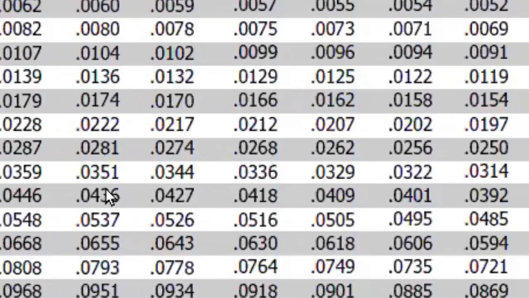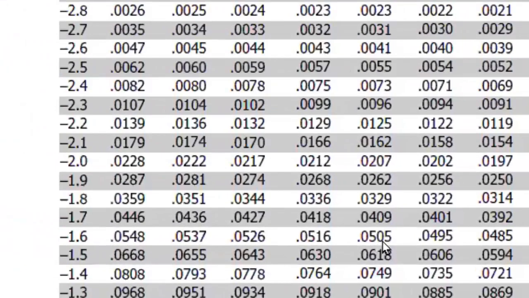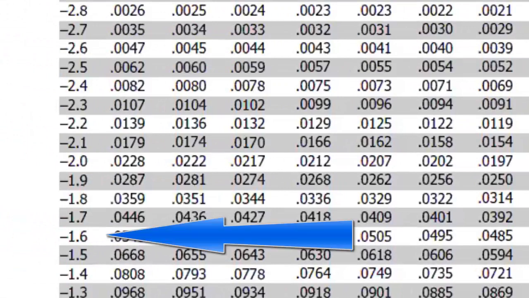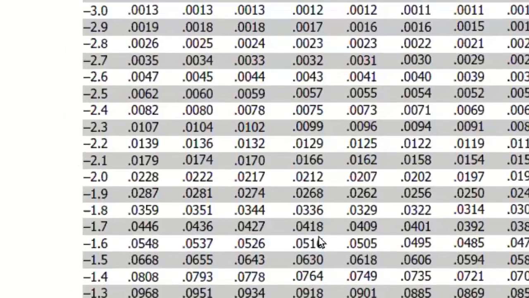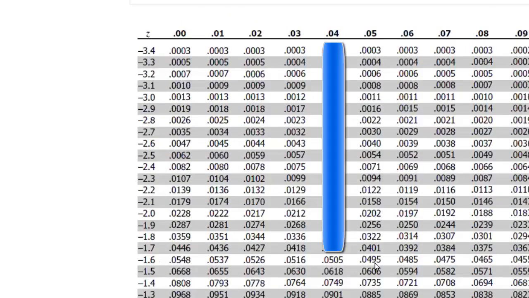Can you see where I'm circling with my mouse? Okay, there's my mouse. It's here. One is at negative 1.64, and the one right next to it is negative 1.65.